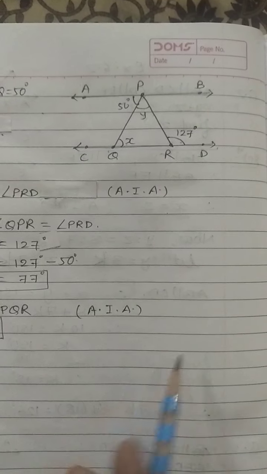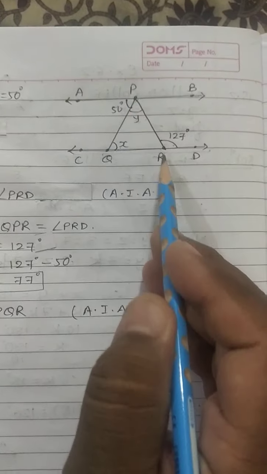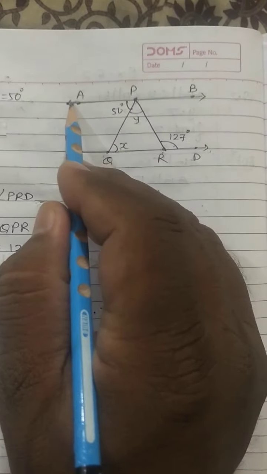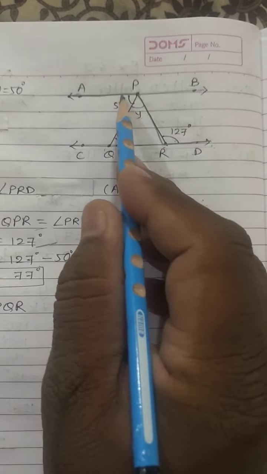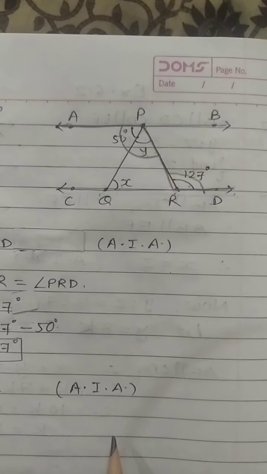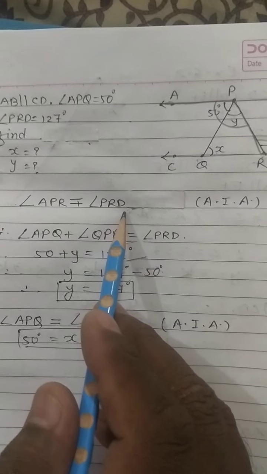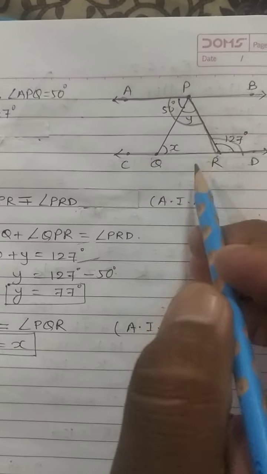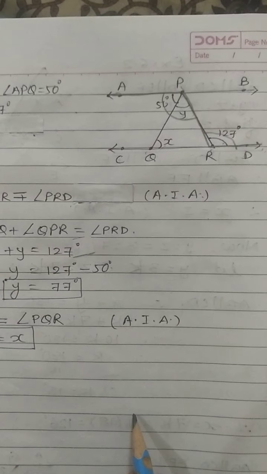Right? So see, first of all, angle APR and angle PRD, you can check this one, Z. So this angle and this angle are alternate interior angles here. So I have written angle APR is equal to PRD, alternate interior angles. Which transversal line can you see here? PR is the transversal in this case, right?